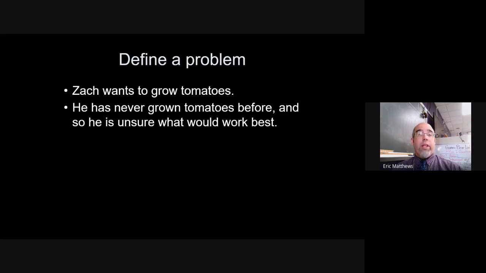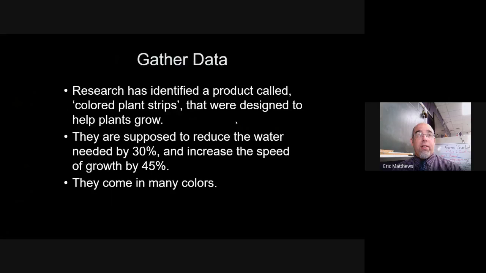Step number 2 is to gather data. So now he needs to go out and try to figure out whatever he can. In his research about growing the fabulous tomato, he finds out about this stuff called a colored plant strip. It's a long plastic strip that's designed to go down on the ground, and then you plant through the holes that are provided, and the plant will grow up through that hole, but the ground and the roots and all that will be covered by this plant strip.